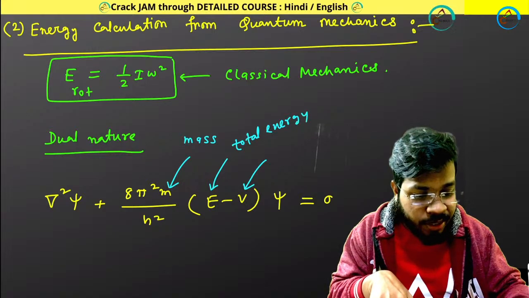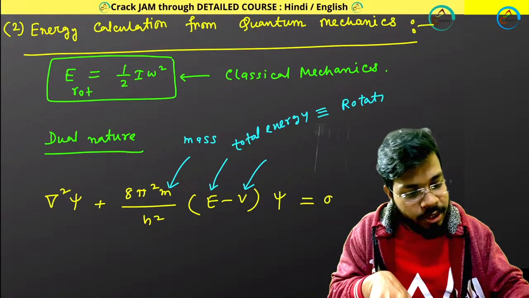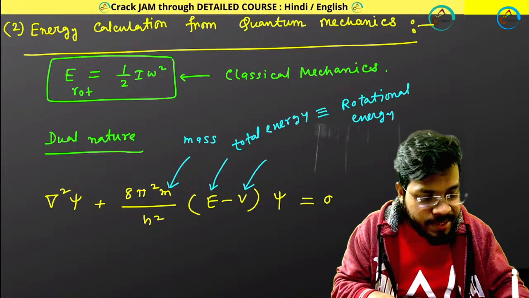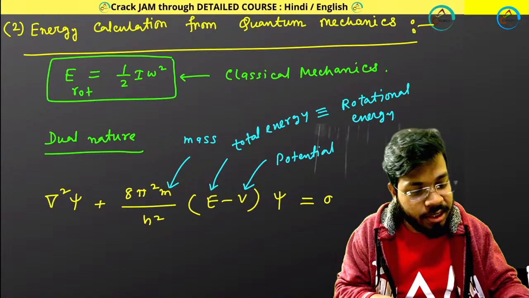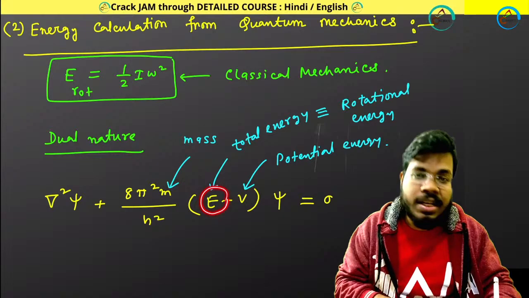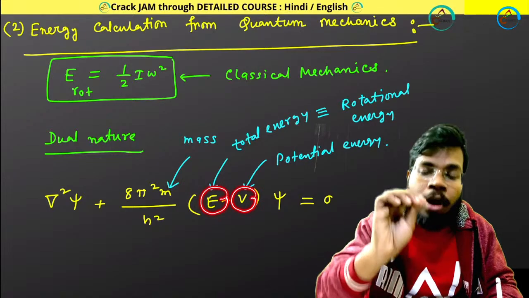In this case, your E will be what? Rotational energy. Great. In this way, your V is about only potential energy. Okay, remember, only potential energy. Fine. So this energy E term is including total energy, and this V is including only potential energy.